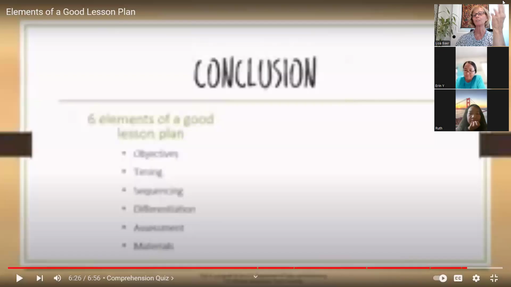Well, the assessment is good to include in my plan, because before I didn't think about the assessment part much in my plan. Not the assessing.